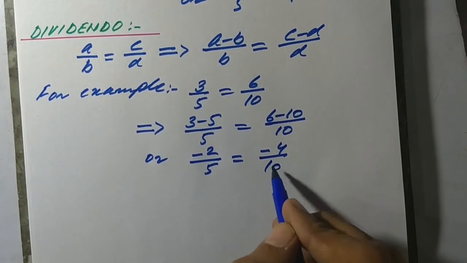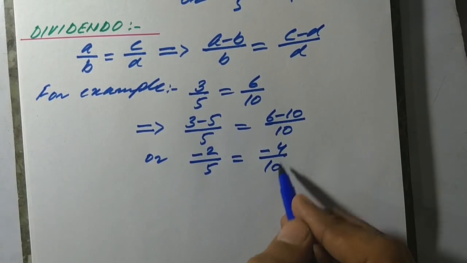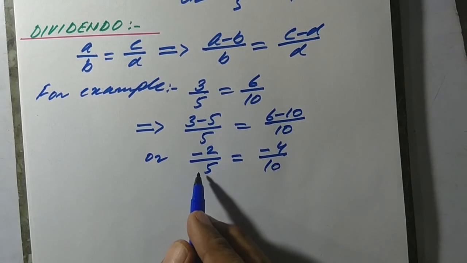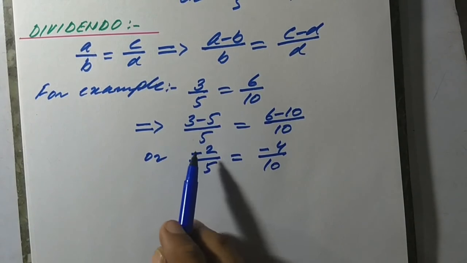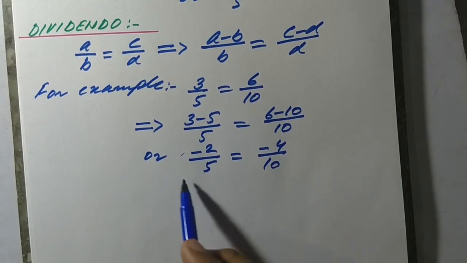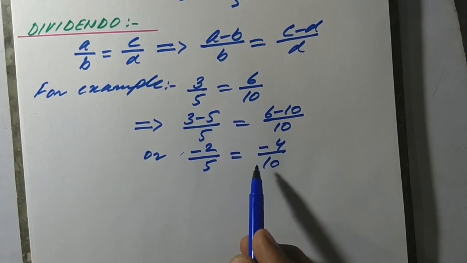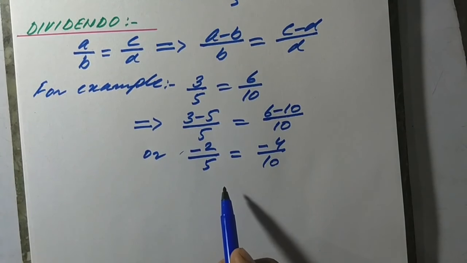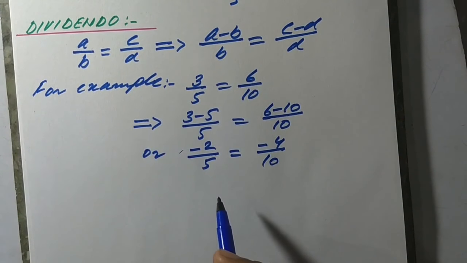So minus 4 upon 10. 4 and 10 both are divisible by 2. So if we divide both of the numbers by 2, we get minus 2 upon 5. So we may say that these numbers remain in proportion. So this is dividendo.